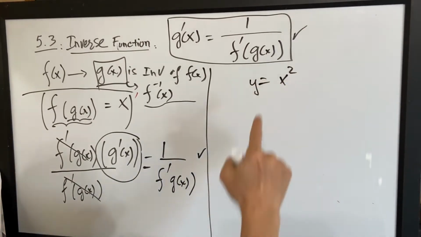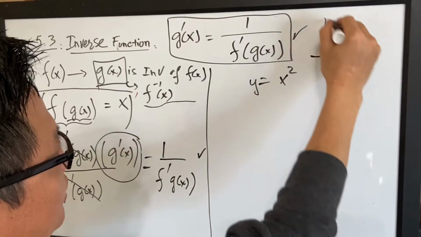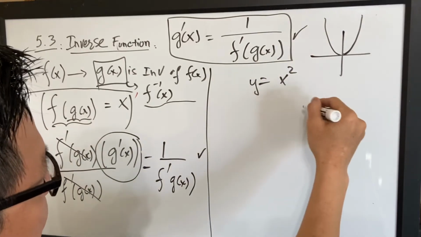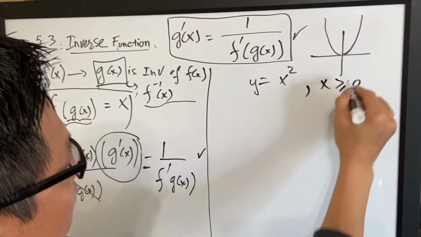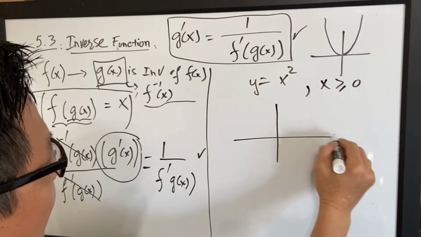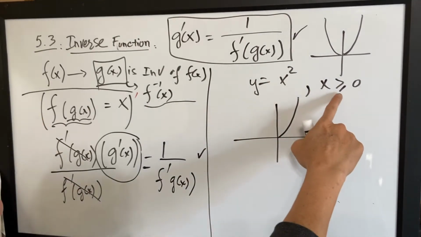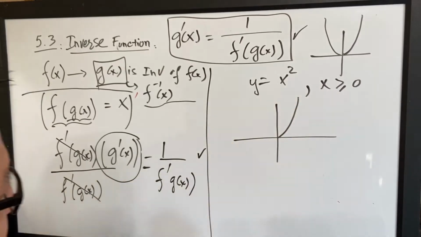To make this function have an inverse, you have to set a condition for x, meaning x is greater than or equal to 0, and the graph will look like this. Noticing I set the condition so that it passes the horizontal line test.